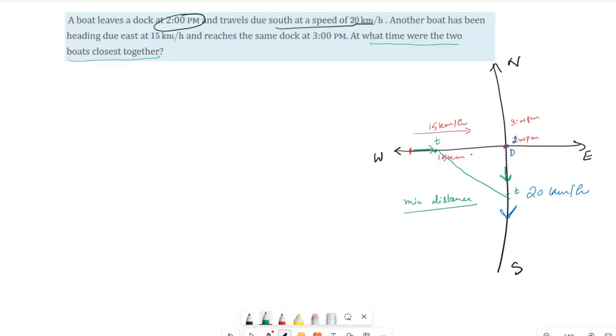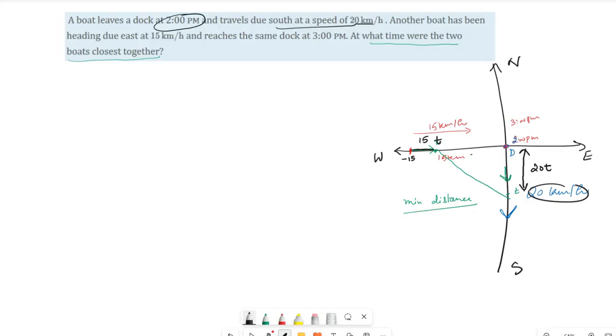So what is the distance of the blue boat? Let's first figure out the blue boat. That is the easy one. It is traveling at 20 kilometers per hour. In t time, it would have traveled 20t. So at time t, we have to calculate the distance. How much has the other boat traveled in that much time? It has traveled 15 times t, but it was already starting from this point.